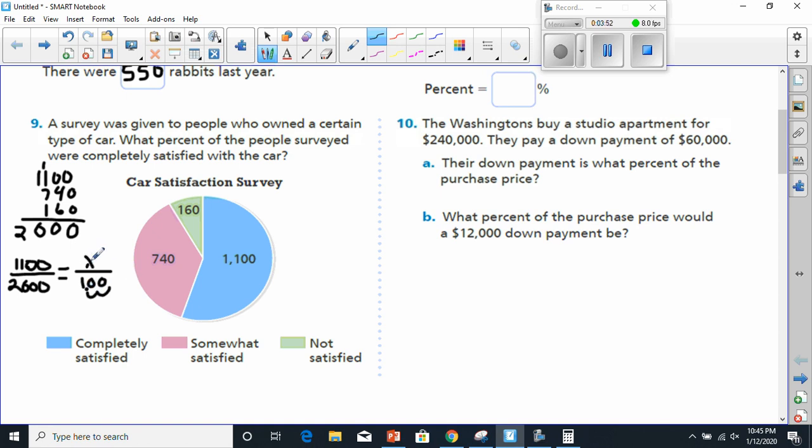And now we've got 1,100 is going to be equal to 100x. And now we have to divide 2,000 away. Whatever I divide from one side, I divide from the other.